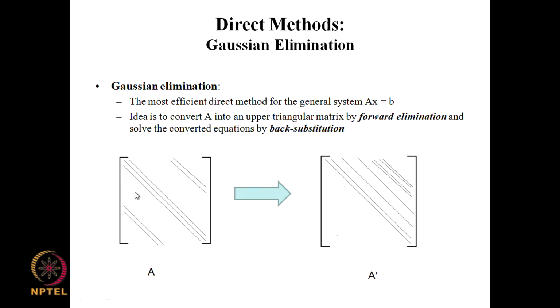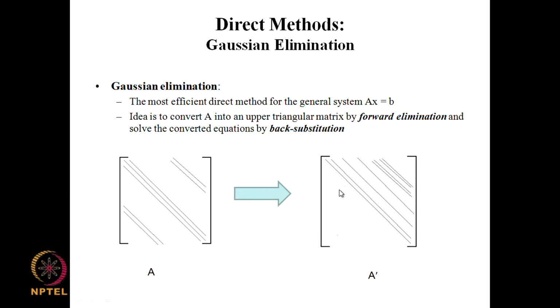You have a matrix A which has elements along the diagonal, above the diagonal and below the diagonal, all non-zero. Through forward elimination we convert this into an upper triangular matrix, in which non-zero coefficients appear only in the upper triangular part and not in the lower triangular part. Below the central diagonal, all of them are 0.